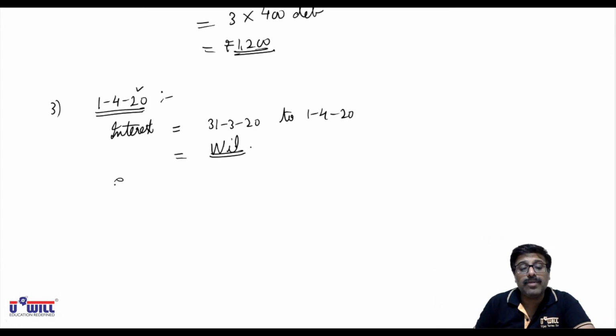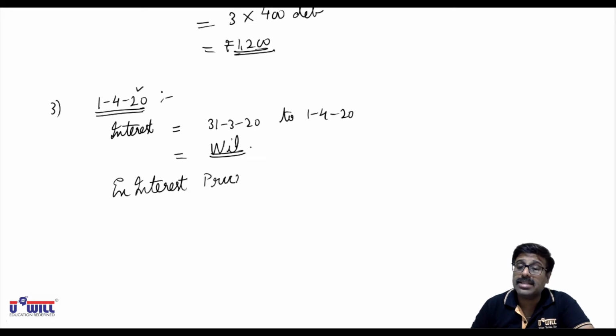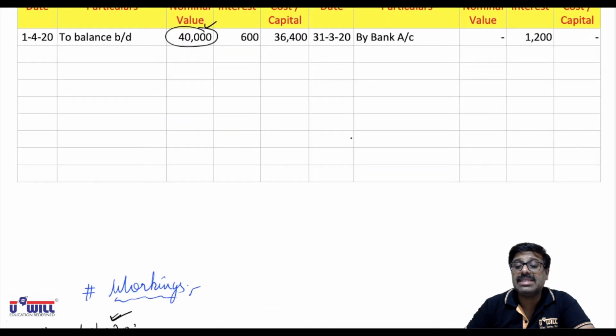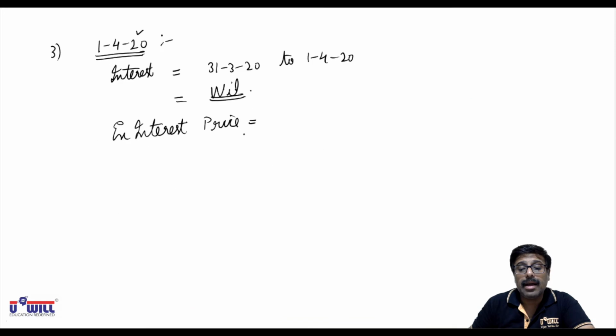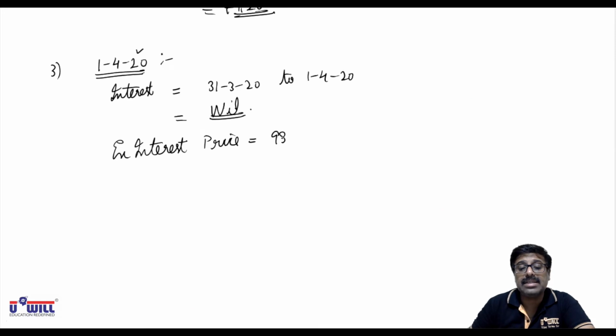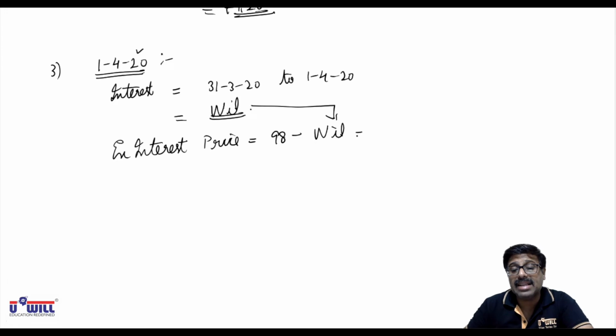Now how do you find the ex interest price? Cum interest price minus interest element. Cum interest price is given as 98 rupees. However, here the interest element is nil. So can I say 98 itself is the ex interest price? Because from 31st March to 1st April, you are not going to receive any interest.